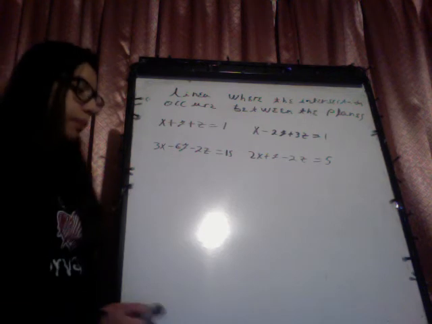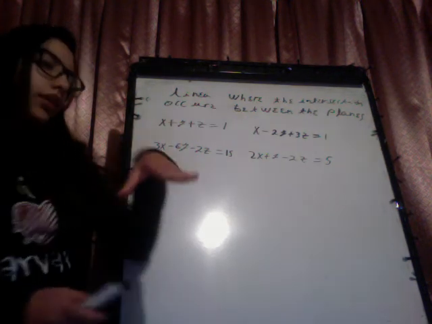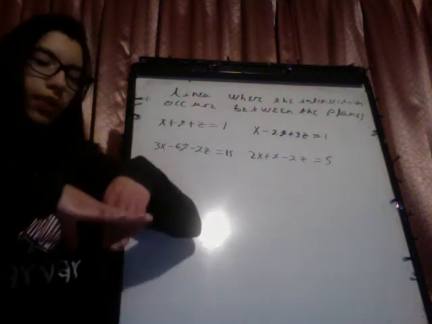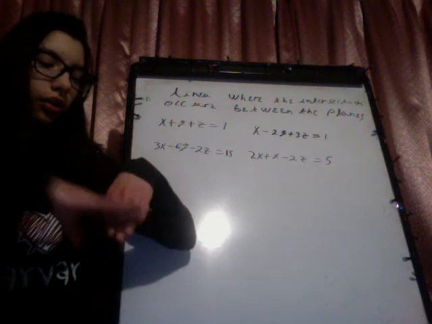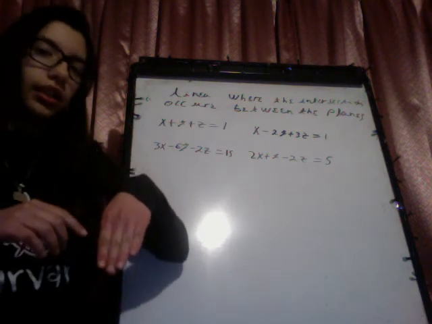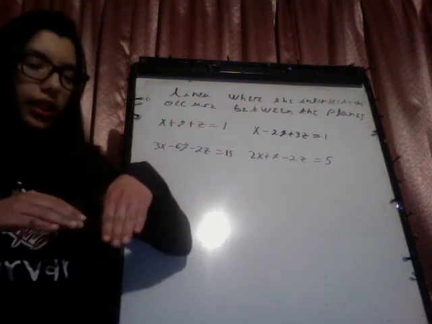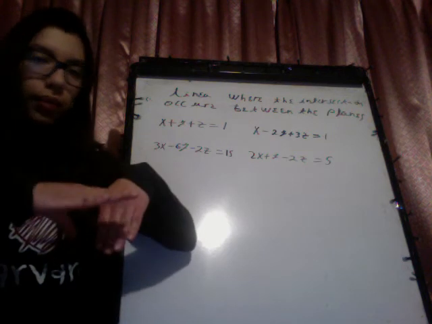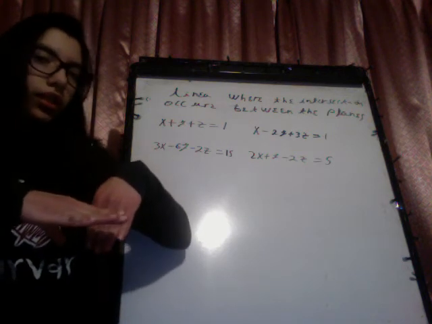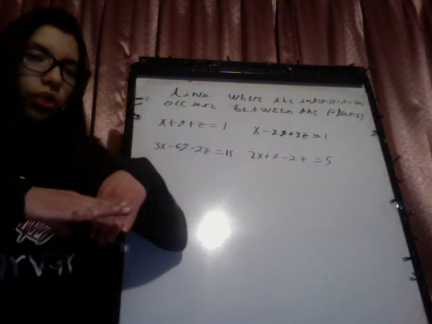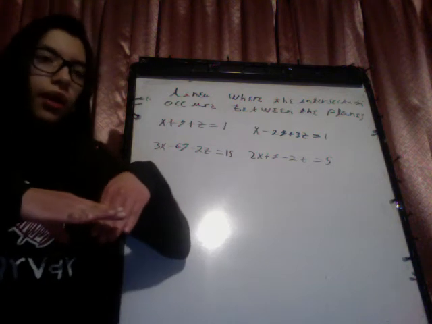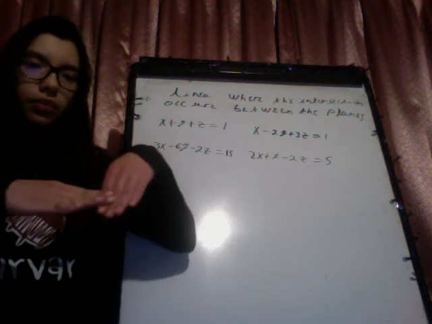Alright, first, yes, we have this plane and this plane that are intersecting, and we have a line. So that line that we're going to find lives in each one of the planes. So that means that line is orthogonal to each normal vector of each plane.